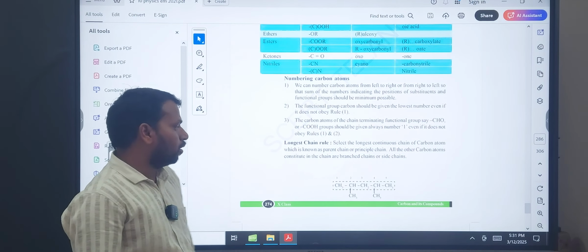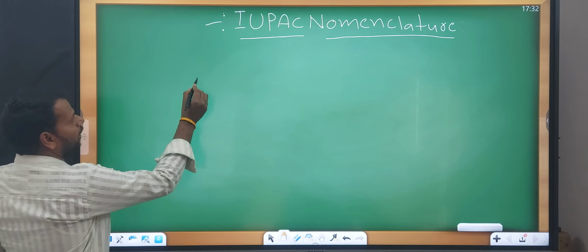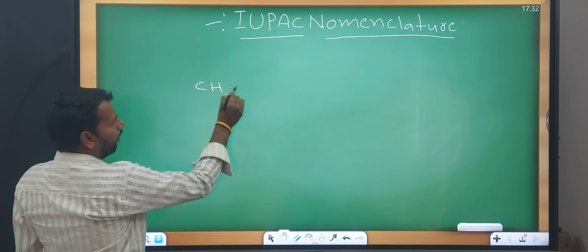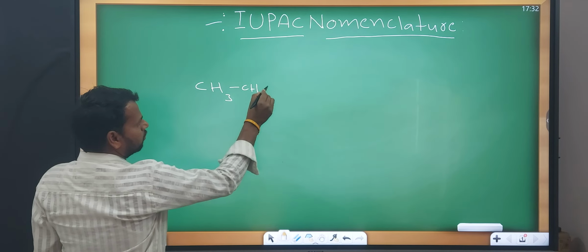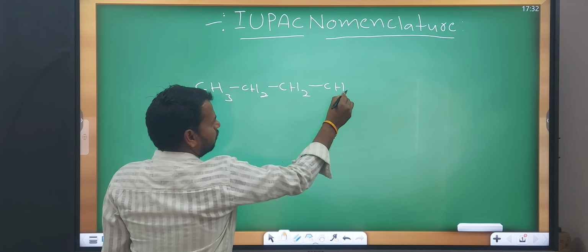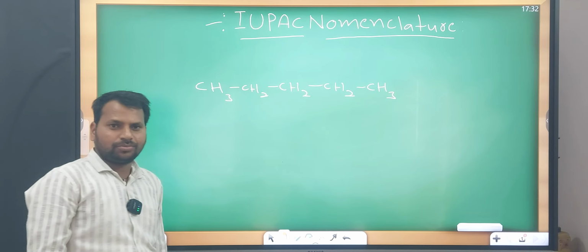Minimum possible. Suppose I am writing one compound: CH3, CH2, CH2, CH2, CH3. This is one organic compound.